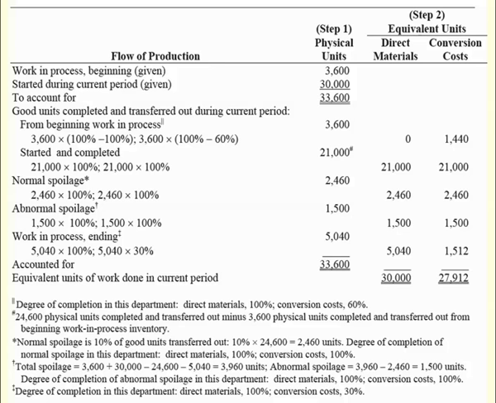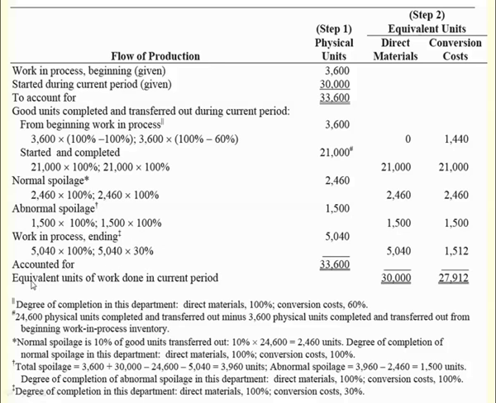To calculate abnormal spoilage, we deduct 2,460 from 3,960, which equals 1,500 units of abnormal spoilage. Work in process ending was given as 5,040 units, 100% for direct materials as it is added at the beginning of the process, but only 30% for conversion costs.